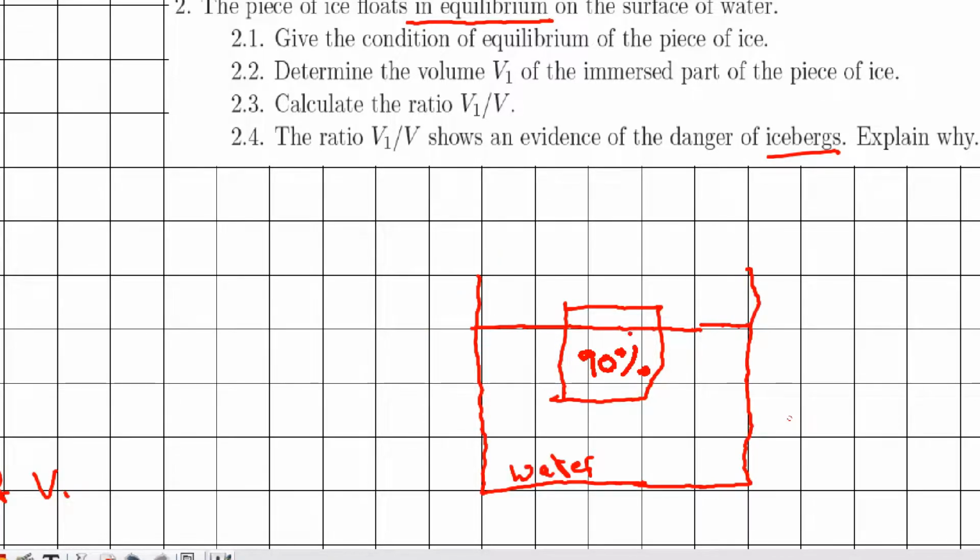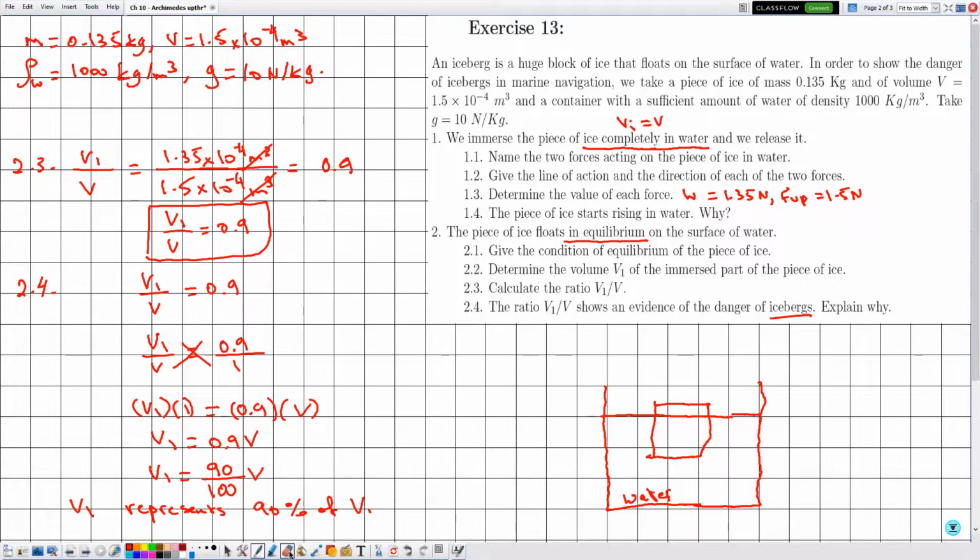So if we see an iceberg floating on the surface of water, although the floating part of this iceberg is very small, which is considered to be in this case 10%, because 10 plus 90 is 100, this doesn't mean that the other part, which is inside the water immersed in the liquid, is small, because it represents 90% of the total volume. So I will continue this part here.